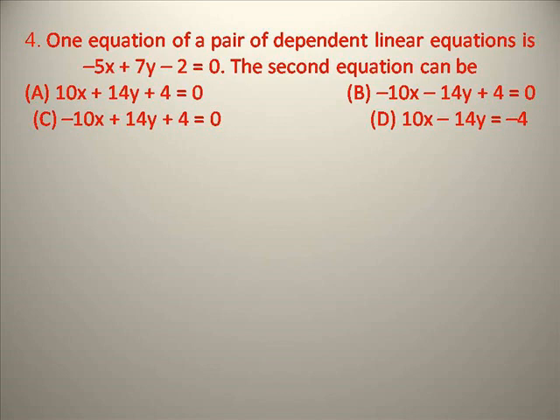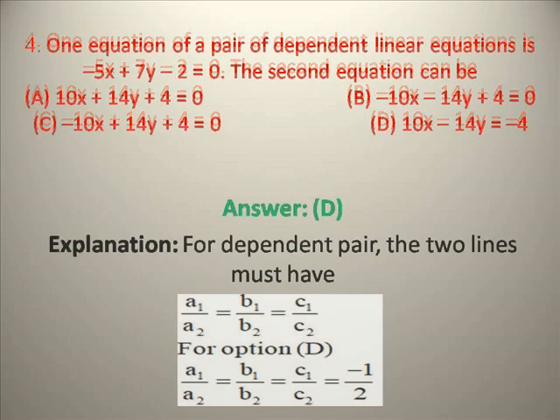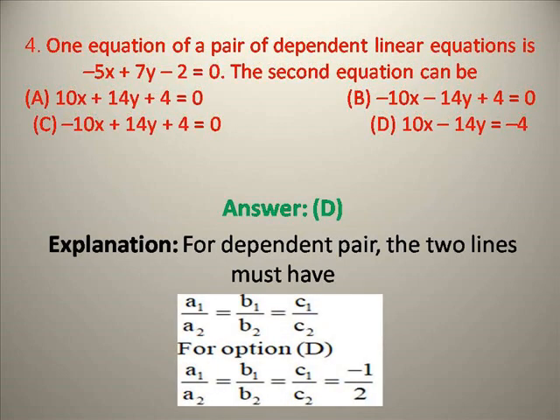Number 4. One equation of a pair of dependent linear equations is minus 5x plus 7y minus 2 equals 0. Then the second equation can be. You have the following options. Let's move to the answer. You know that dependent linear equations means they will be in the form of coincident lines.